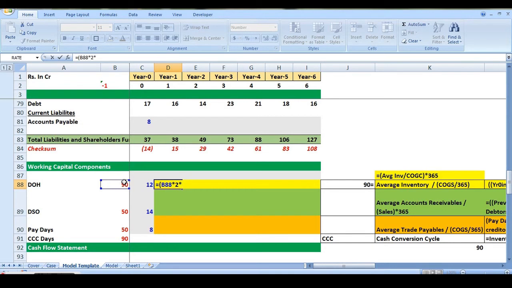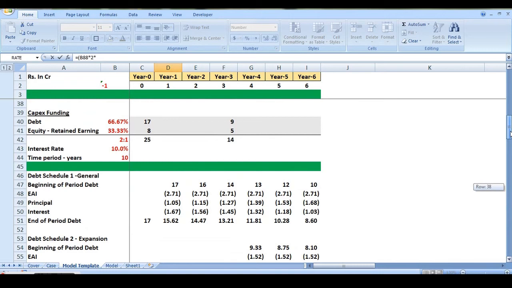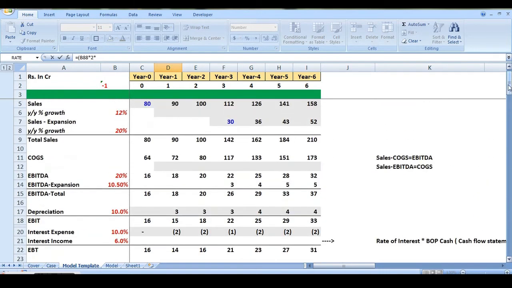The cost of goods sold value is available in the income statement for year 1. So we go to income statement year 1, divided by 365, bracket complete, minus year 0 inventory.